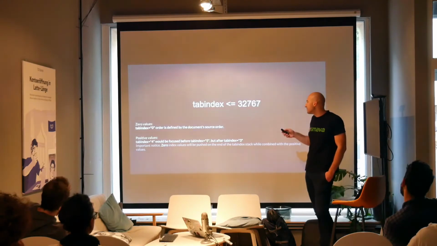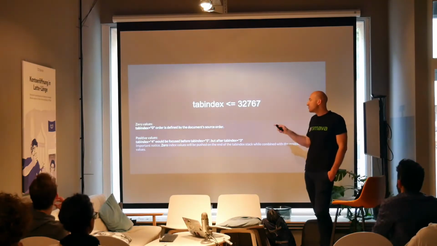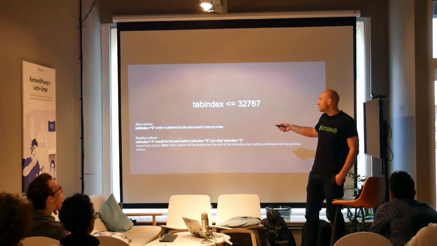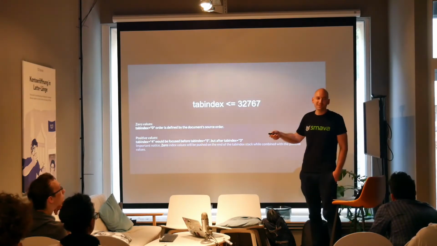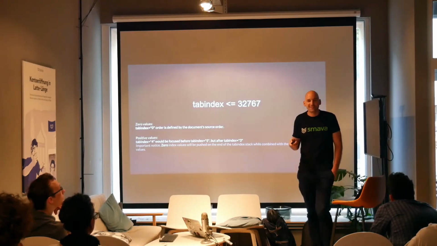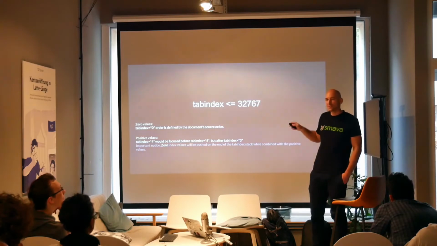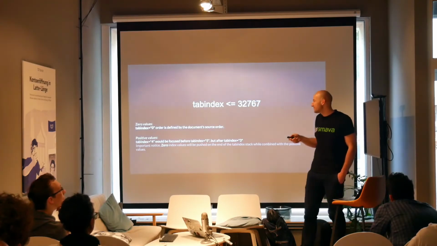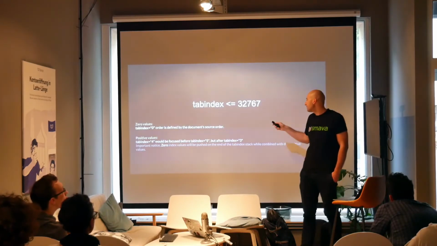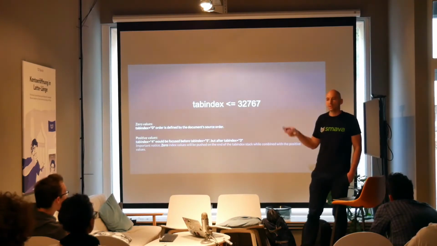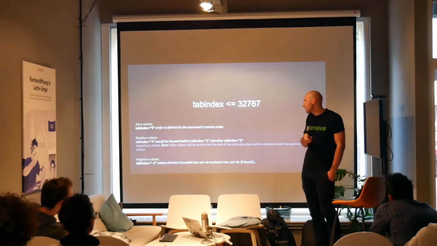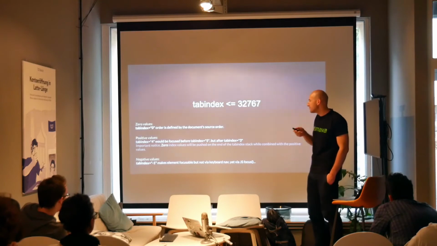But the important thing is, if you use 0 together with positive values, can you guess where the 0 is going to come? It's actually going to come at the very end. By specification, if you have 4, 5, 3, and 0, the 0 comes last in your tabindex navigation order, which is quite weird, but that's the way it is.